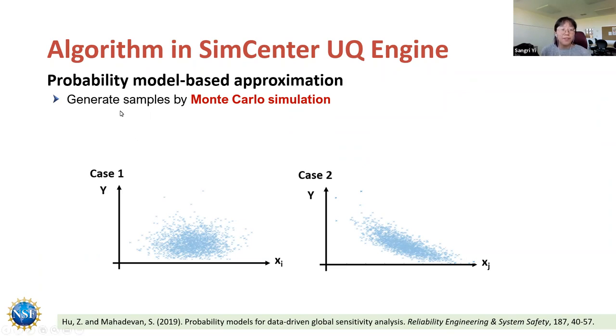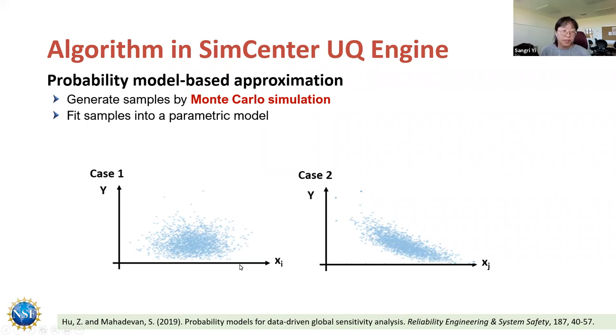For the first one, it first generates the Monte Carlo simulation result of our model, as we discussed in the previous slides. And then we will get the samples, like the scatter plots as we saw previously.